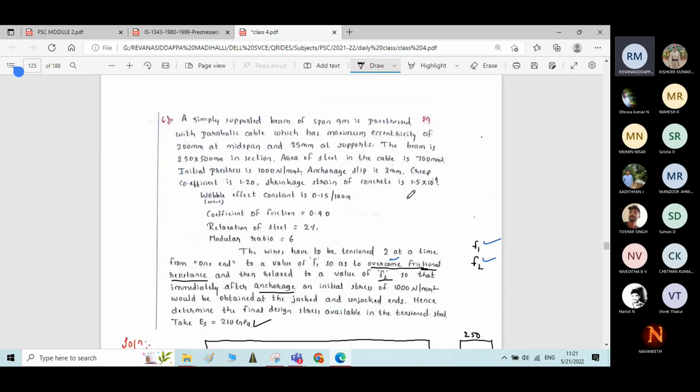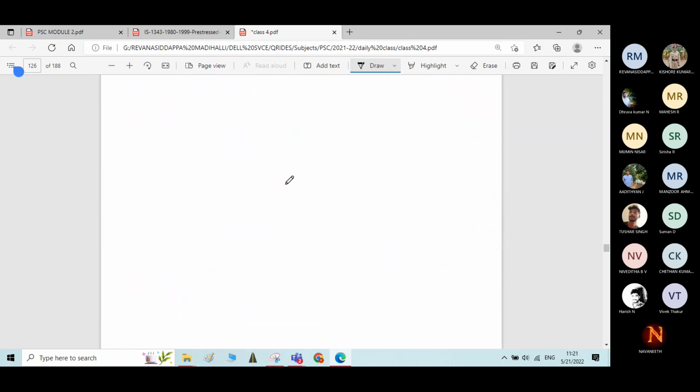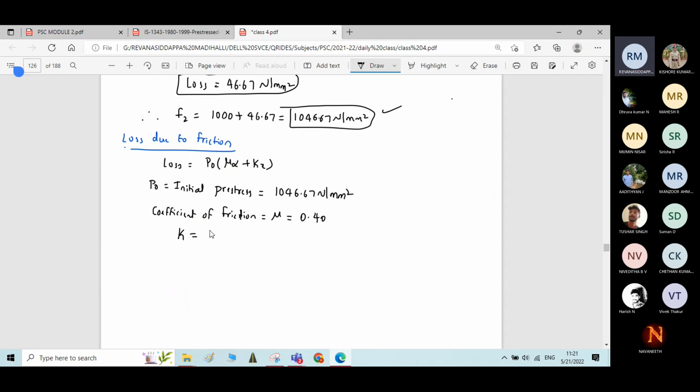It is given as 0.15 per 100 meter. So 0.15 divided by 100 means 0.0015 per meter. So K becomes equal to 0.0015 per meter. Then what else do you need? You need the value of alpha and x.